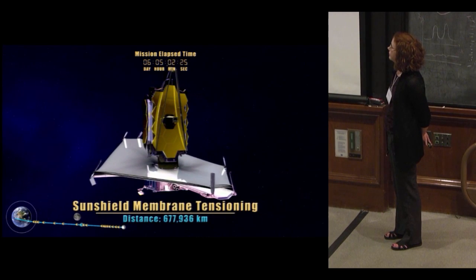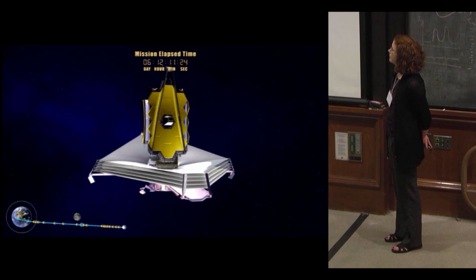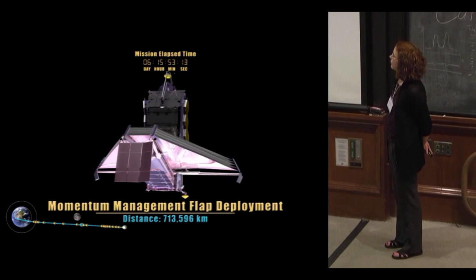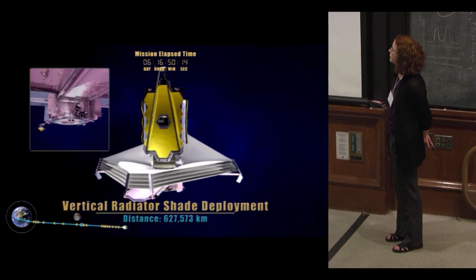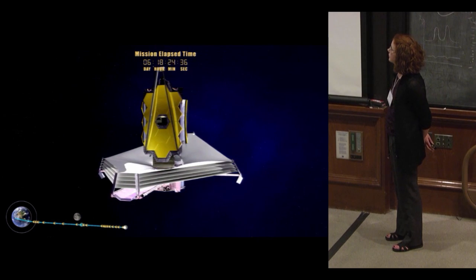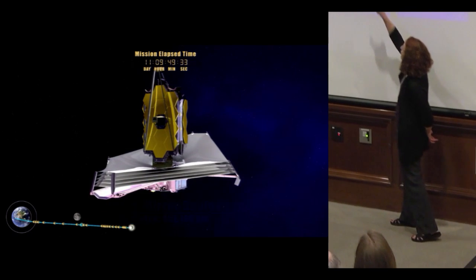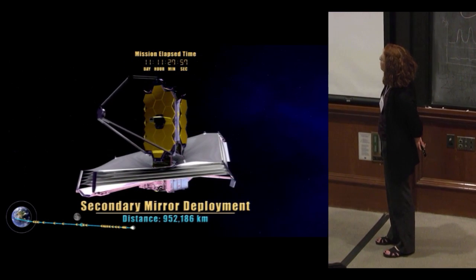Tighten up. The sunshades. So there's 5 layers in there. And then we lower the boom.